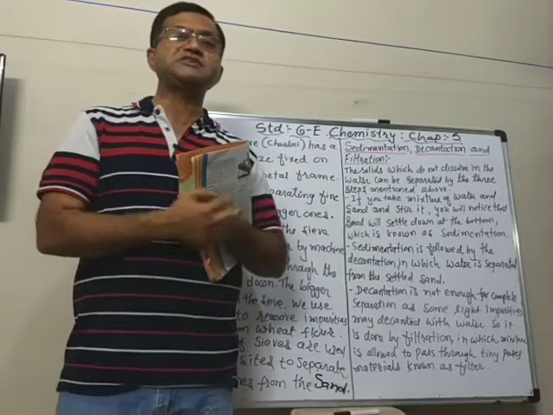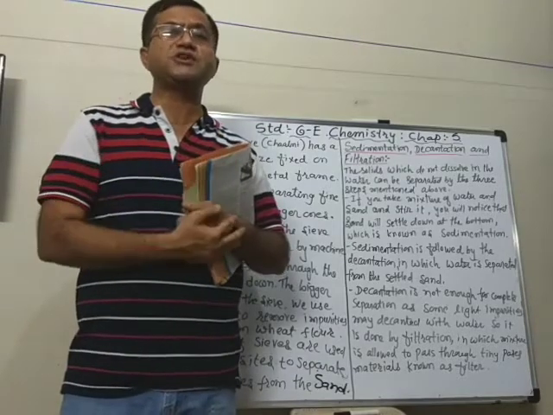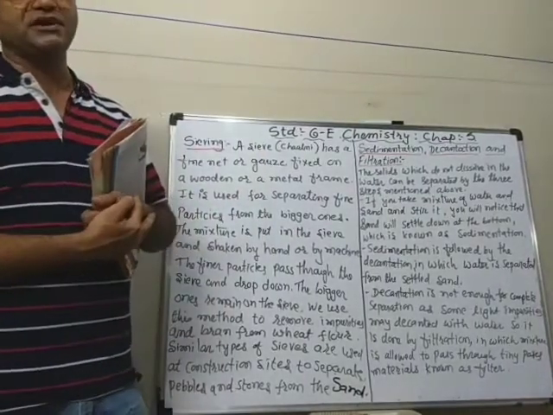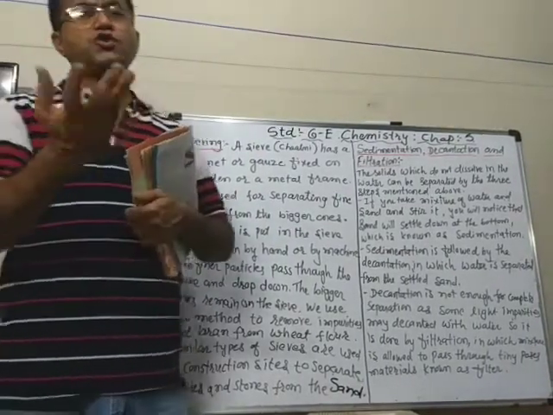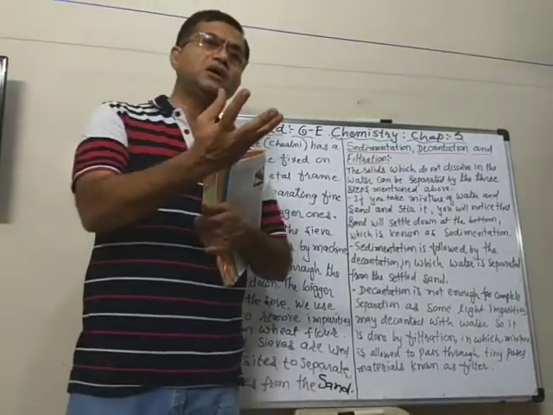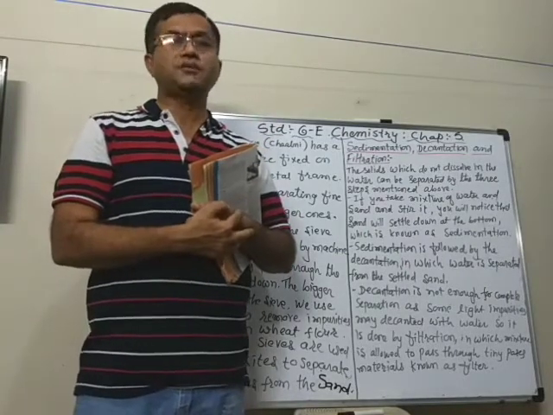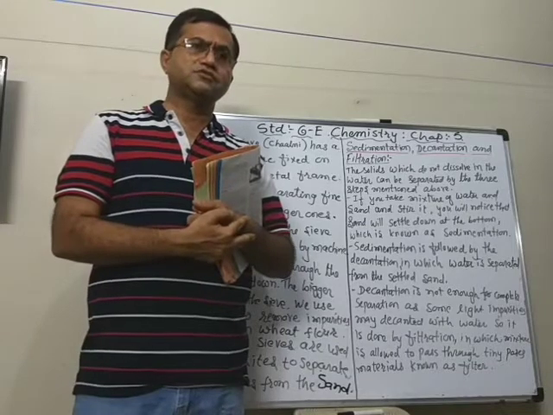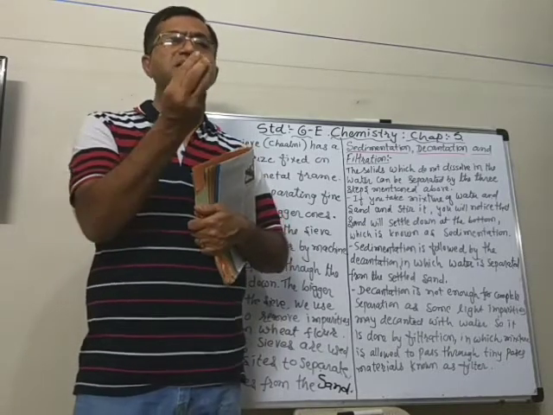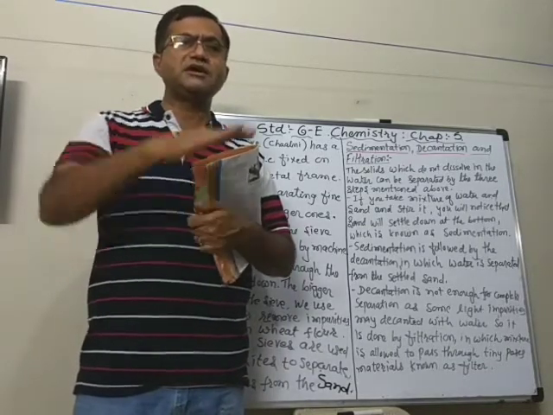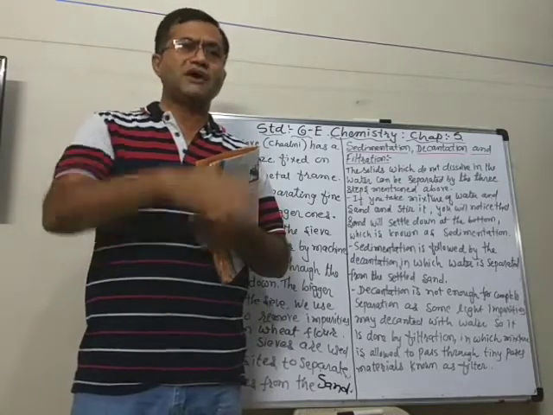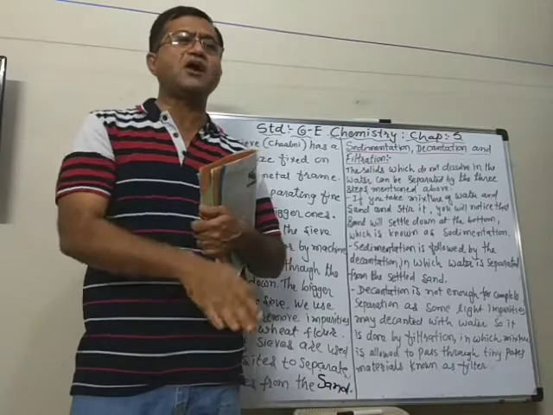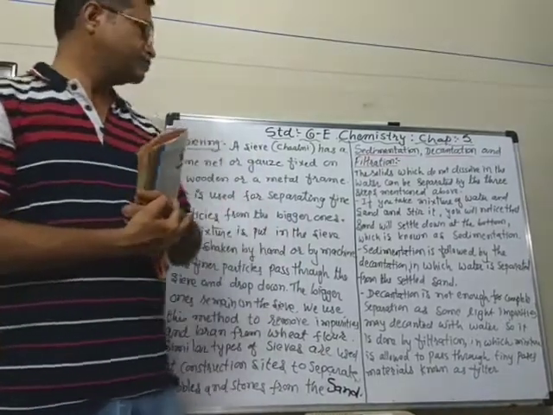For different purposes, different types of sieves with smaller and bigger holes are available in the market. To sieve the wheat flour, we use a very fine net, so that if there are some big particles they will remain on the sieve while the flour will drop down from that sieve.